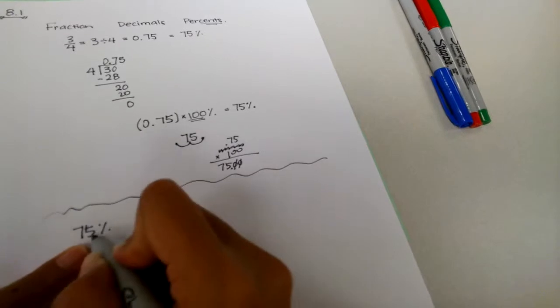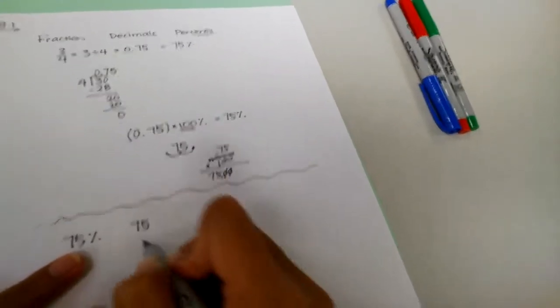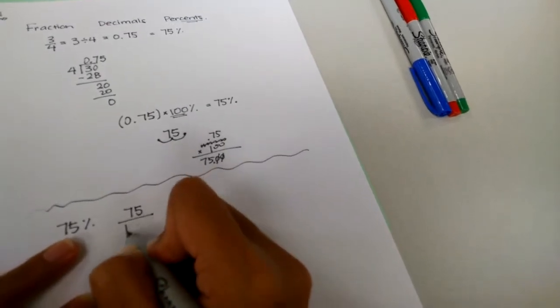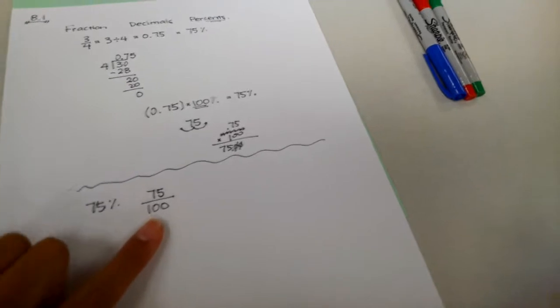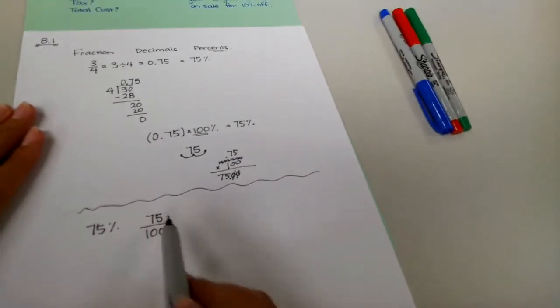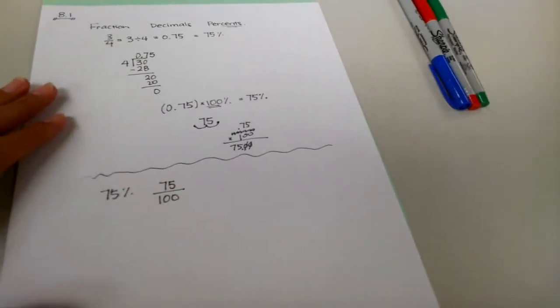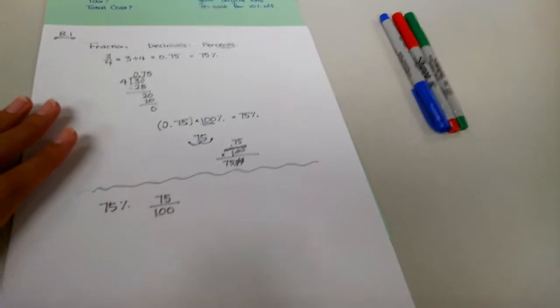So since it's percent, instead of writing the percent sign, we do per 100. Okay, and that'll give you the fraction. And you can, of course, simplify it because these have a lot of common factors, but that's the easiest way to write a percent into a fraction.